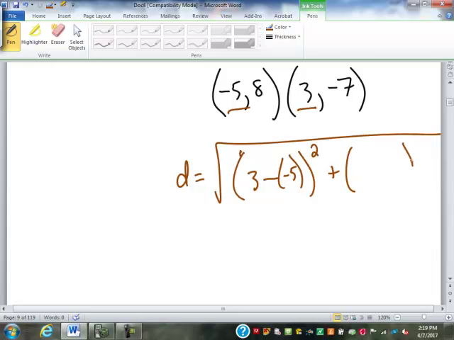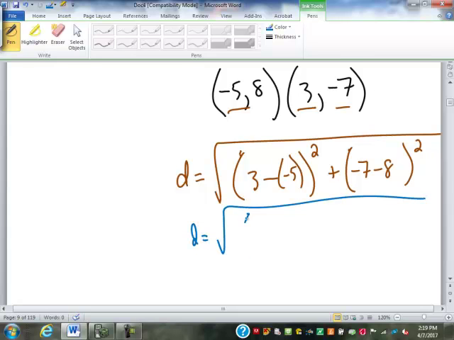Plus my second set of parentheses, what's going to go in there? -7 minus 8. Good. So now that's a 3 minus a -5, which becomes 3 plus a positive 5, is 8. Now -7 minus 8 is -15. Good.